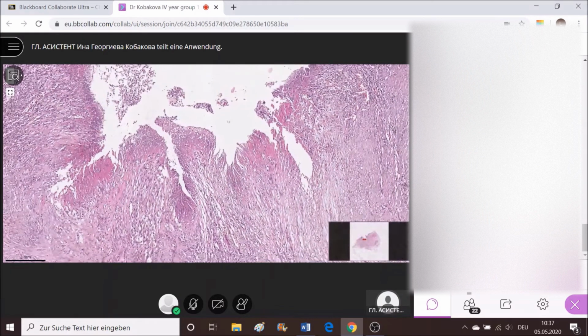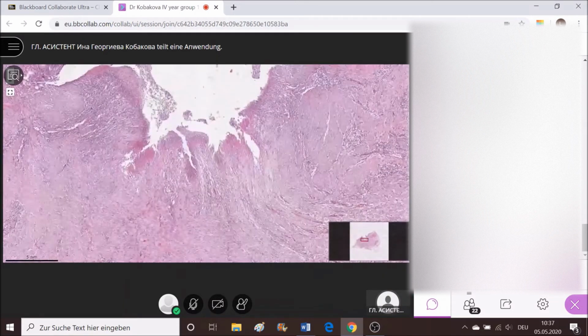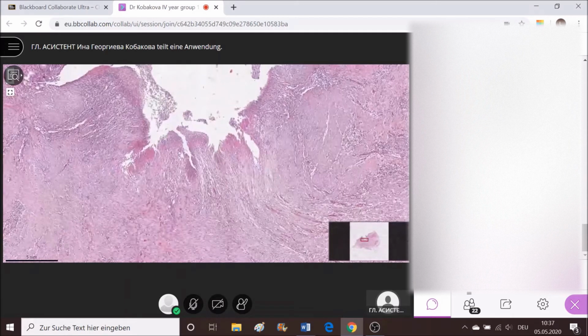What is the type of necrosis at the base of the stomach ulcer? Observe it well here. Fibrinoid, great.